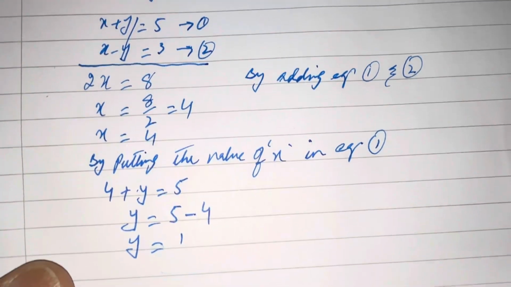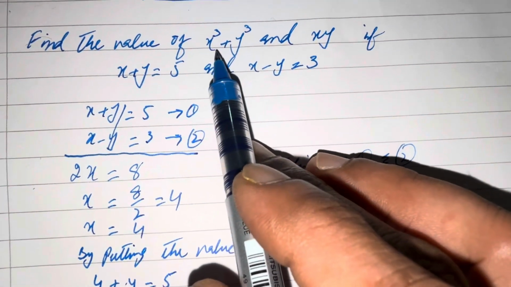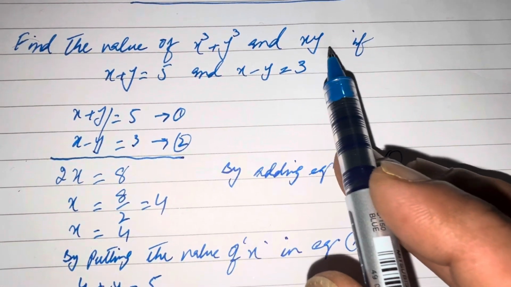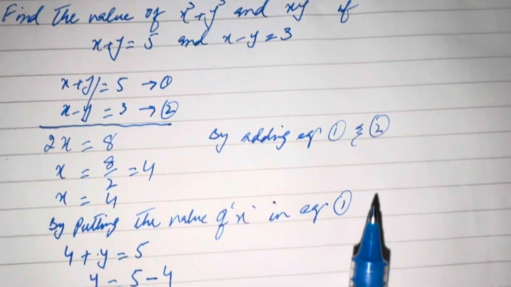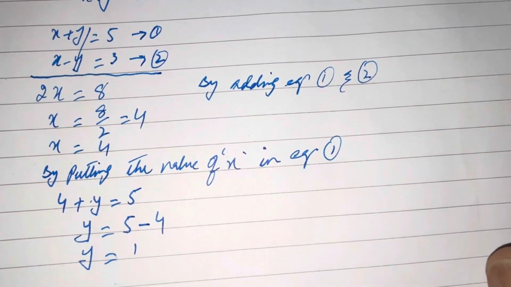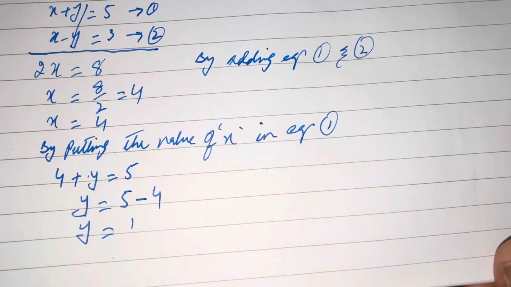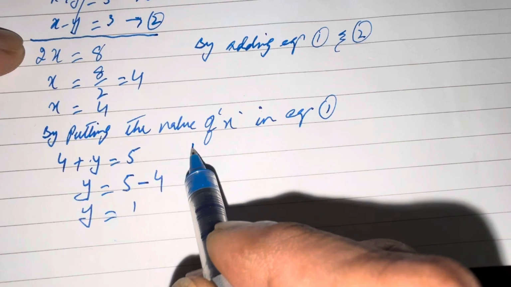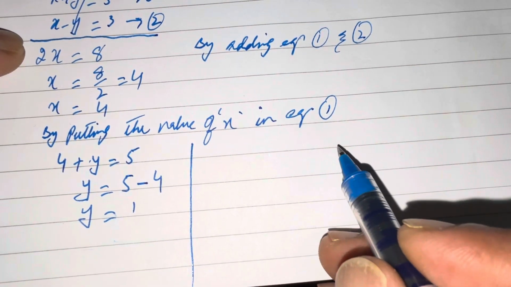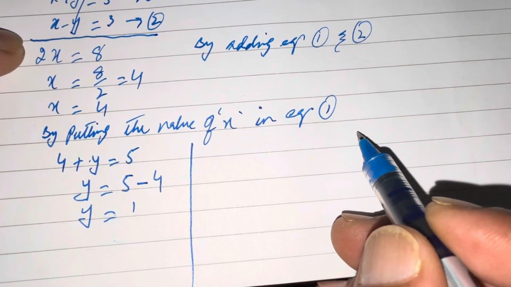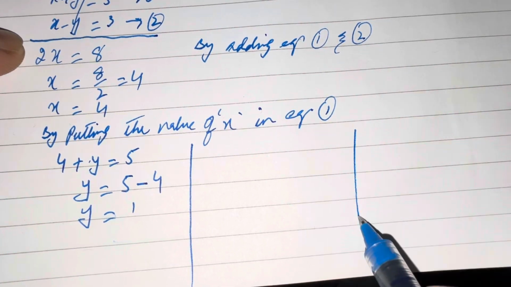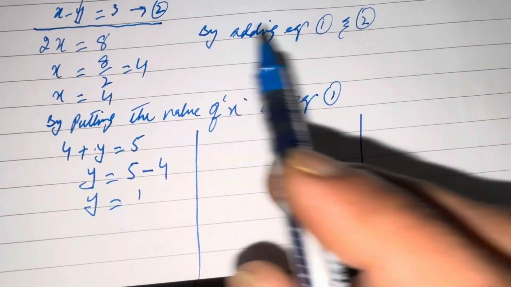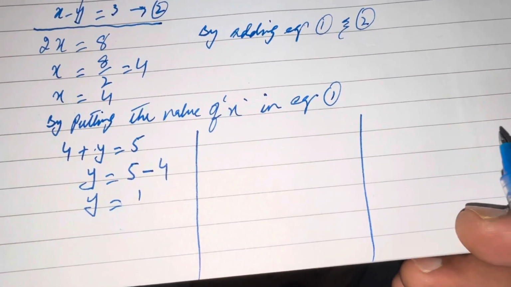Now it's easy to find the values of x cube plus y cube and xy. So let's see how we can find the value of x cube plus y cube. Here I'm going to make two spaces to find the value of x cube plus y cube and xy.